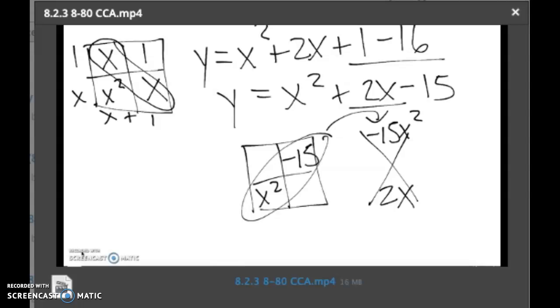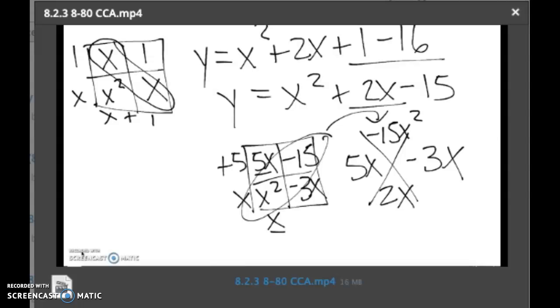Those factors are 5x and negative 3x. I put those in my generic rectangle. It doesn't matter which spot they go in. Now I need to find the dimensions of my rectangle. x times x gives me x squared. x times positive 5 gives me these 5x. x times negative 3 gives me these negative 3x. And just to verify, negative 3 times 5 does give me those negative 15s.